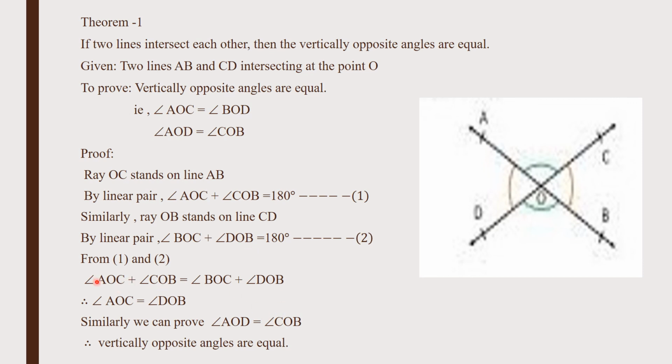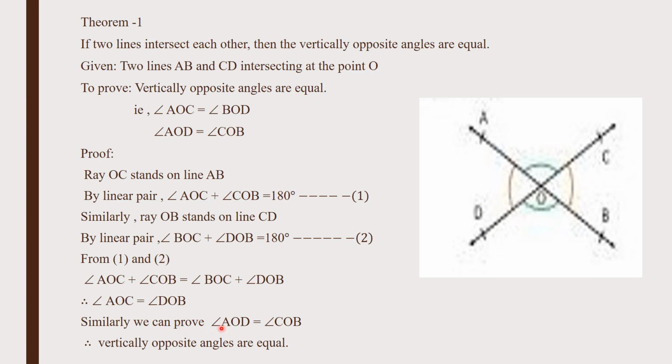Here I can see two angles on the left side as well as two angles on the right side, but one angle is common, that is angle COB. Here also we can see angle COB. Cancelling the same angle from left side and right side, we have angle AOC is equal to angle DOB.